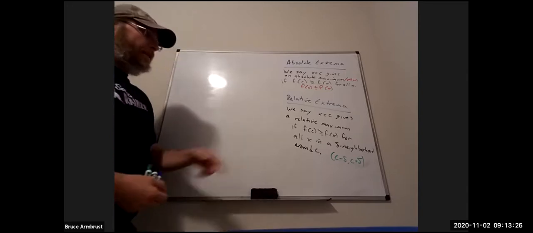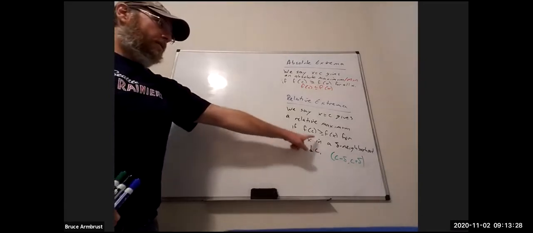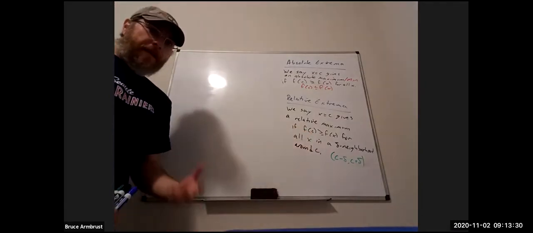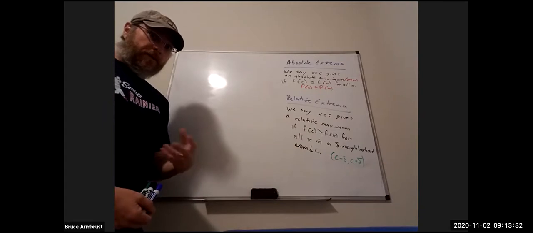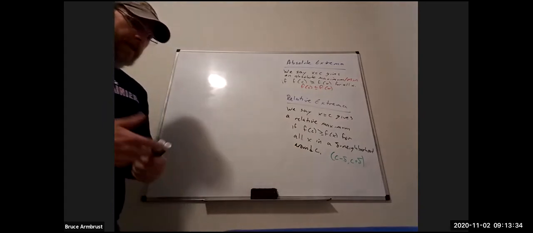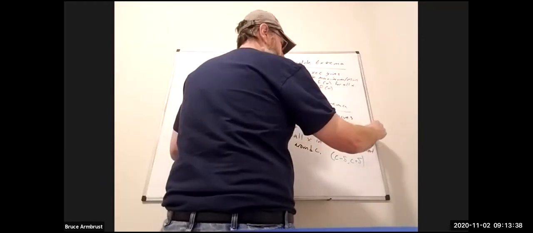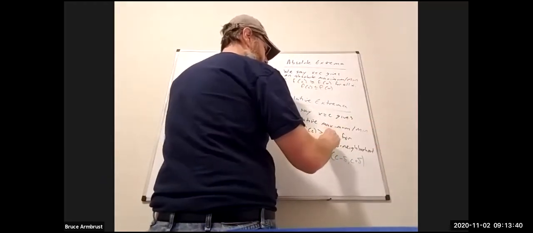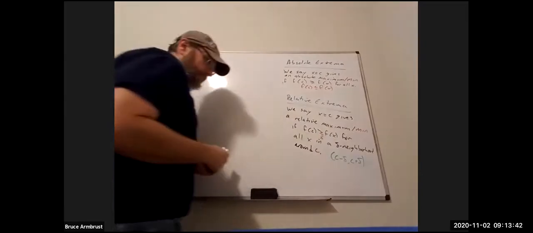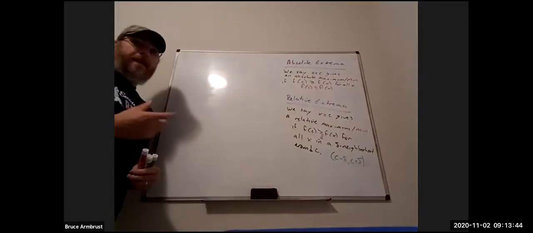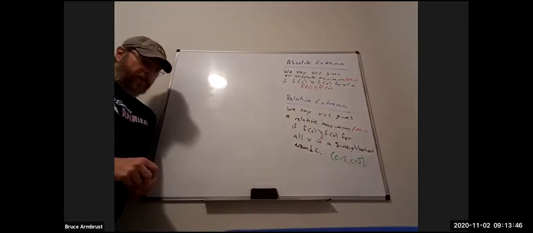But what we know is that locally, f of c is the biggest point, is the highest point. And you could do the same thing as before. If we want to make this a minimum, just change the direction of that inequality. But it still means it has to be locally.